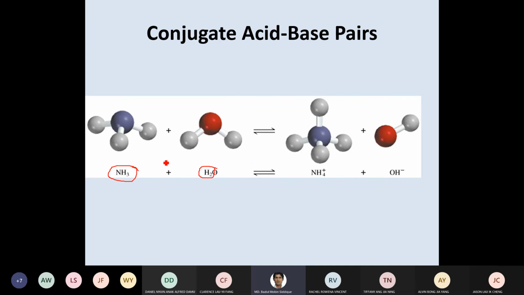It will donate the hydrogen ion to ammonia, and ammonia will take this hydrogen ion and become ammonium ion and hydroxyl. This hydroxyl is able to take up a hydrogen ion later on if there is one nearby, and produce H2O again.